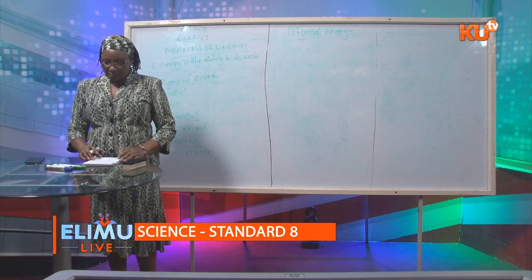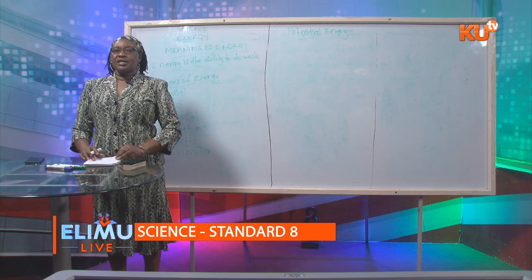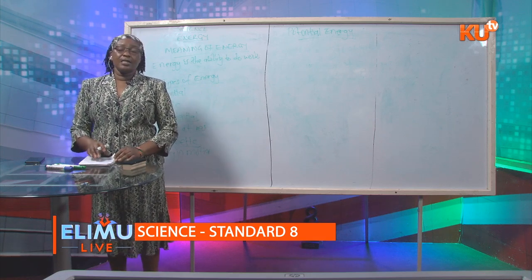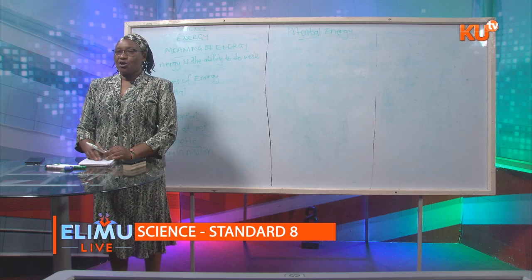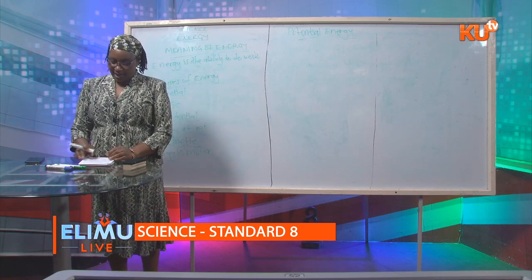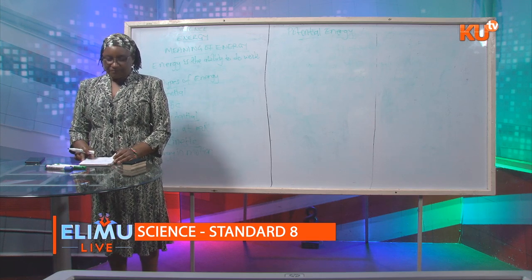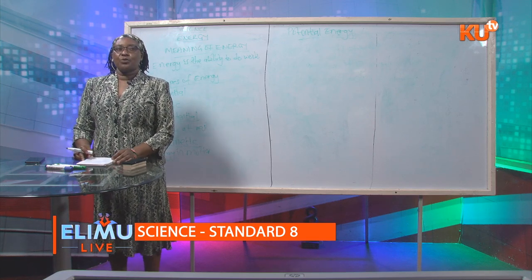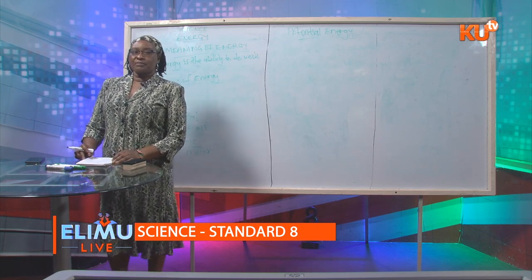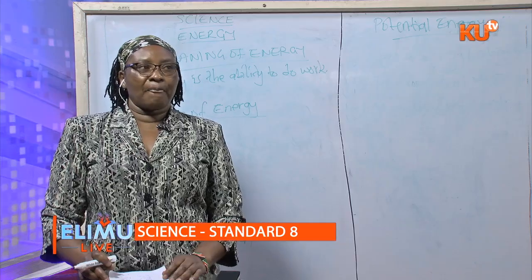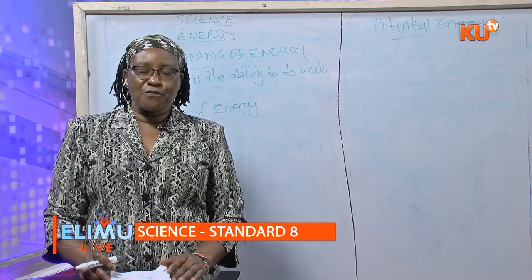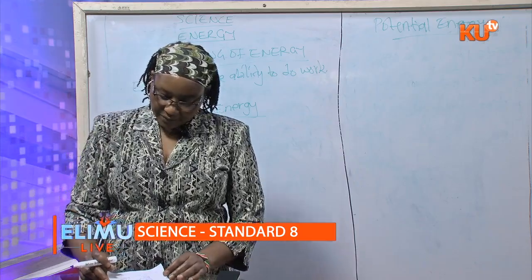Now, this energy, which is contained in bodies or objects at rest, is called chemical energy. So chemical energy is what we possess when we are resting, and we have got it from the food that we eat.